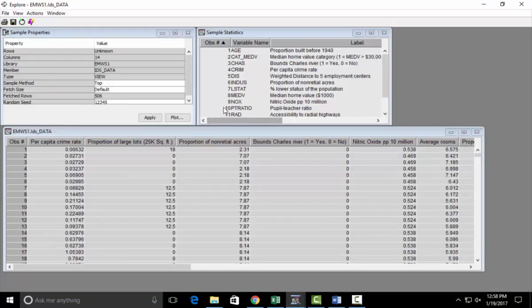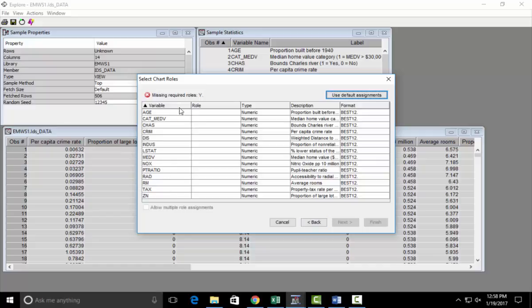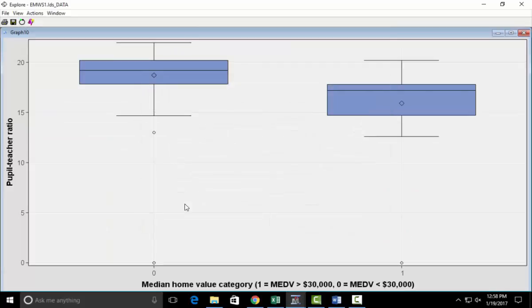And let's do one more box plot. So cat MEDV is X, and pupil teacher ratio is Y. So once again, you see the zeros here, extreme outliers.